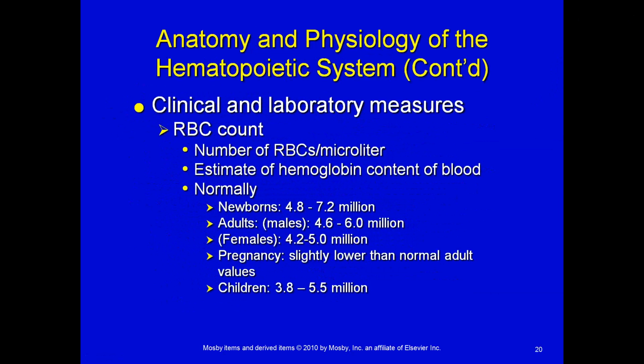Normally, the count is 4.6 to 6 million in adult males, and 4.2 to 5 million in females. In pregnancy, it's slightly lower than normal, and in children, it's slightly lower than normal as well.